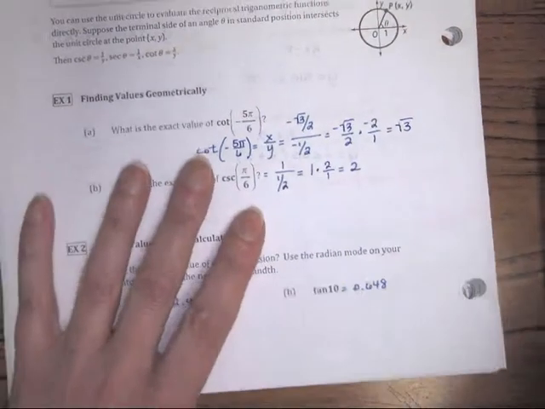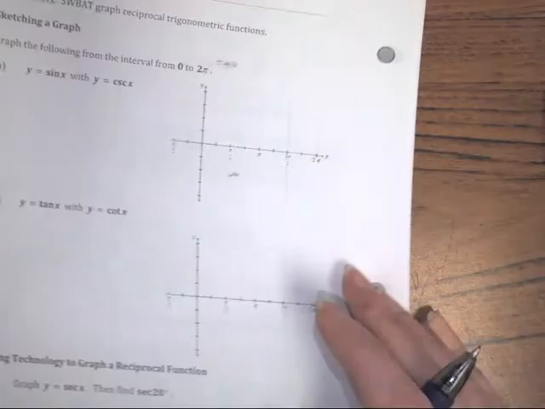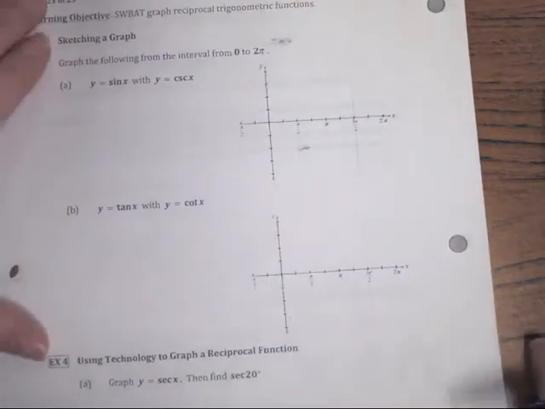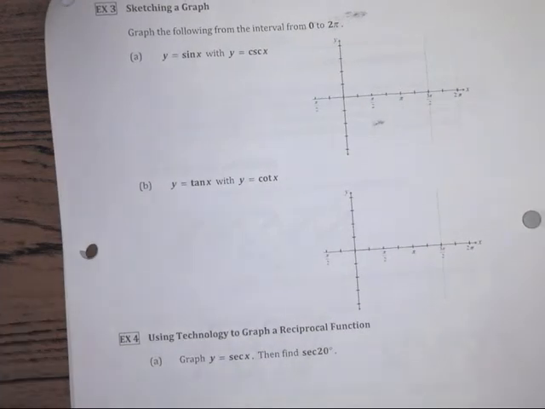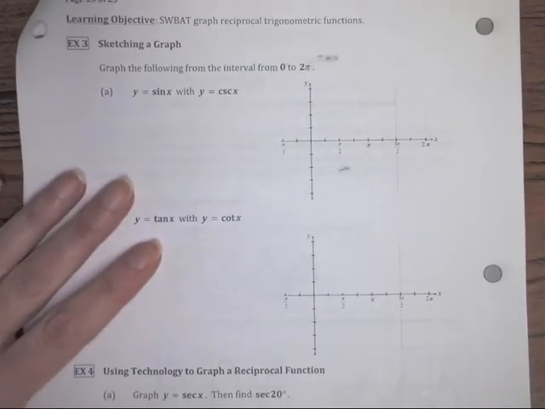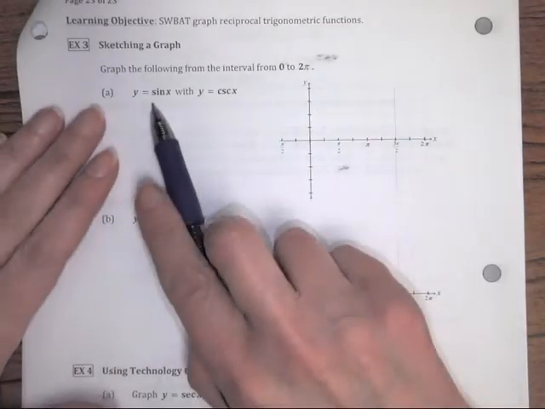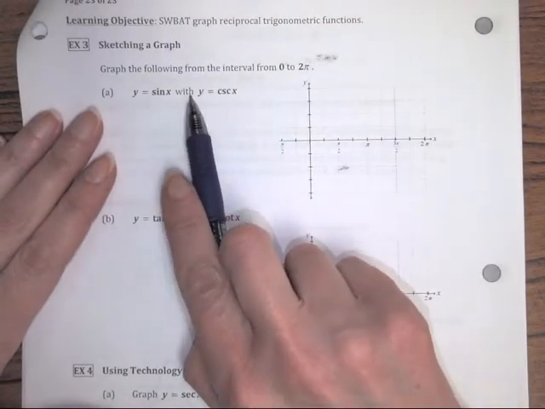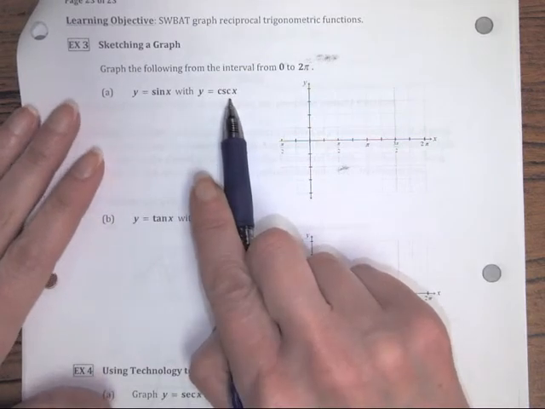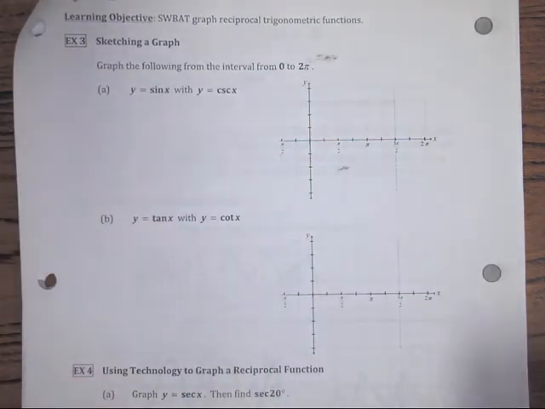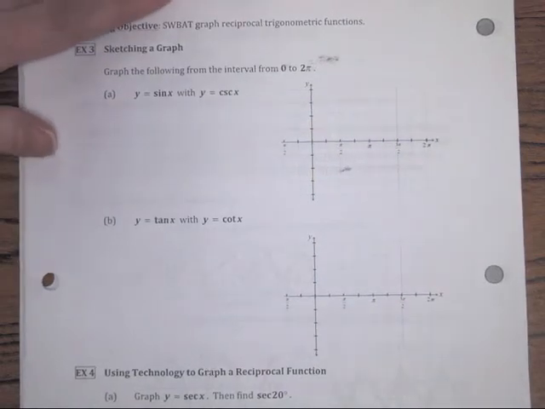Okay, so let's go ahead and turn the page, and we're going to graph. It says graph the following from the interval 0 to 2 pi. And we have y equals sine x with y equals cosecant x. This is actually really cool. It's just a cool exercise to do.